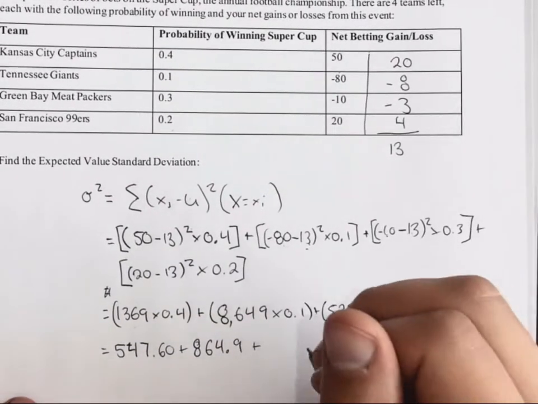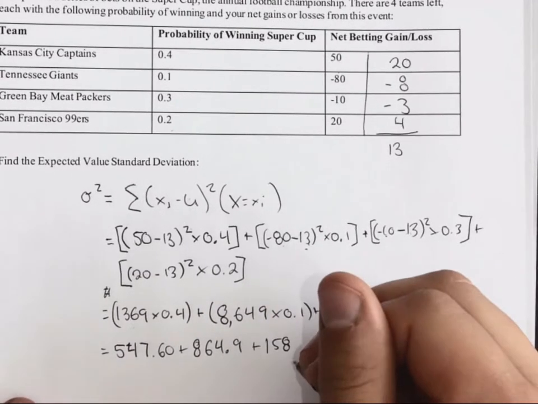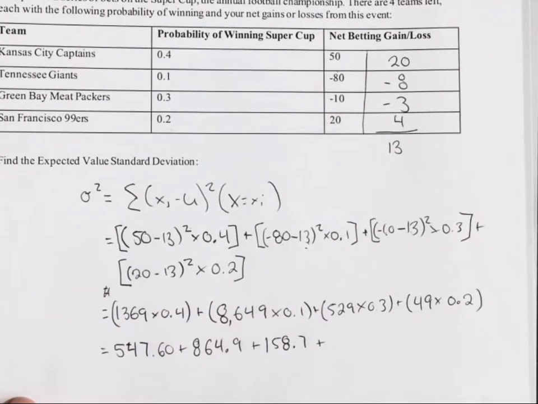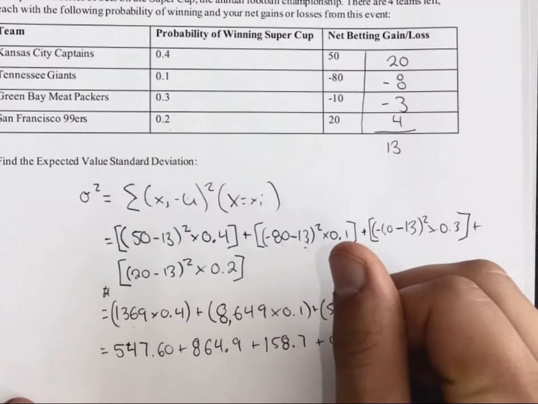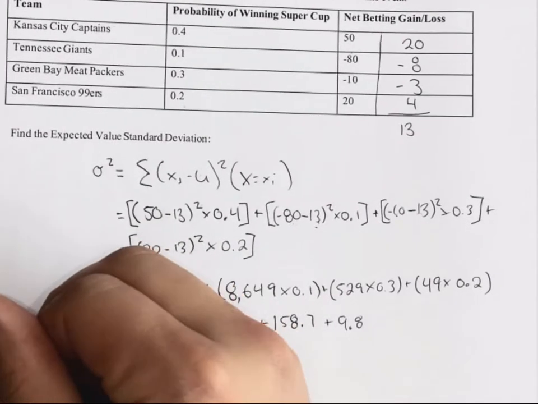Now you can do this with the chart if you like. Sometimes it's easier to work through a chart, or you can use the mathematical formula. And then is 9.8. So when we add all of these up, we get our variance.